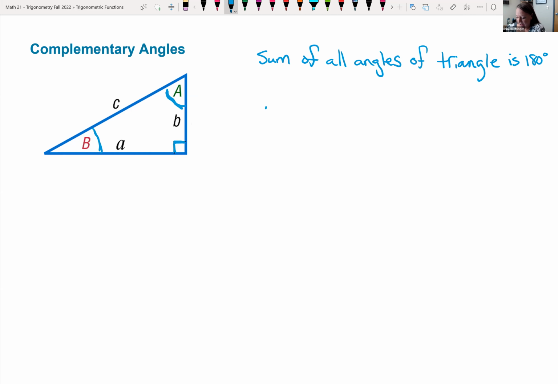So we know that A plus B has to equal 90 degrees. So another way we can express this is A is equal to 90 degrees minus B, or B is equal to 90 degrees minus A.